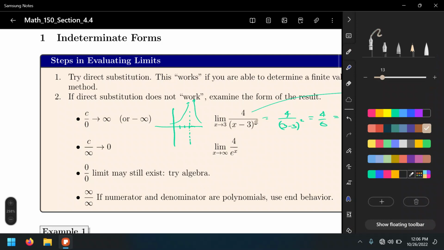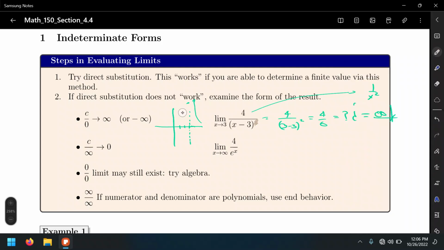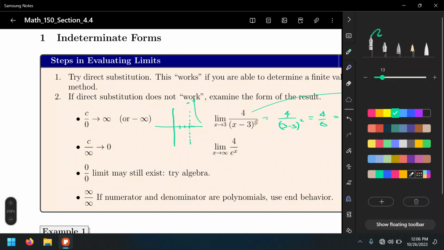However, if we didn't have the square, and it were simply 4 over x minus 3, we would have had this graph instead, and it would have looked like this. In this situation, observing both sides of the vertical asymptote, from the left it goes to negative infinity and from the right it goes to positive infinity.